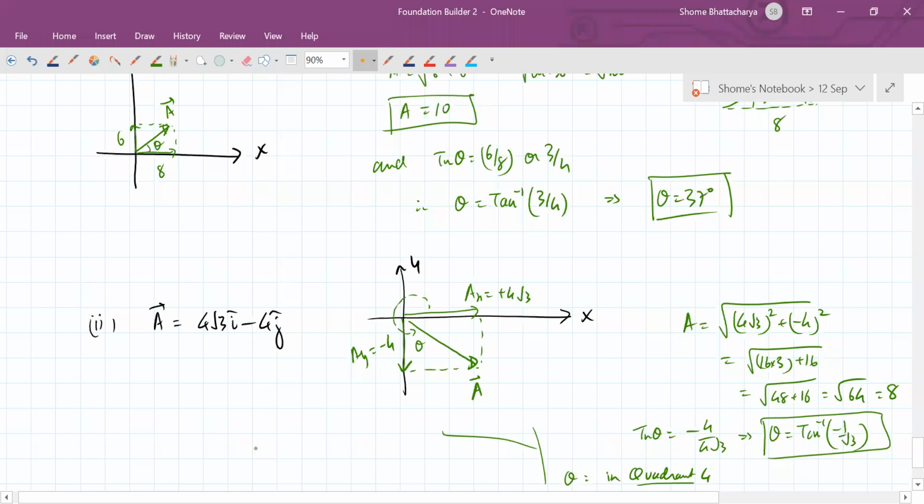So now you can see that since tan 30 degrees is 1 by root 3, therefore in quadrant 4, tan of 360 minus 30 degrees is minus tan 30.